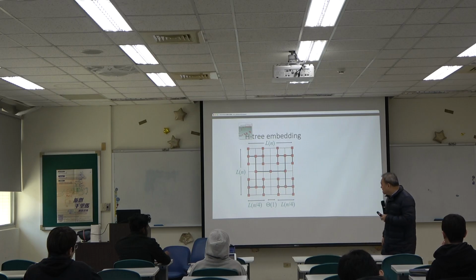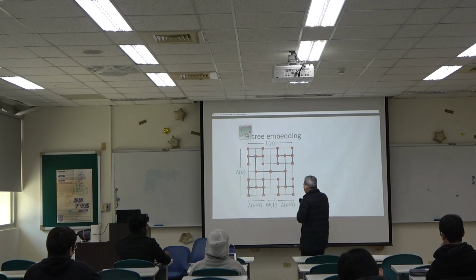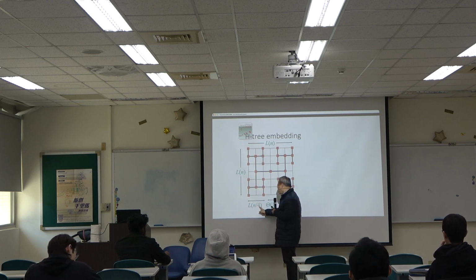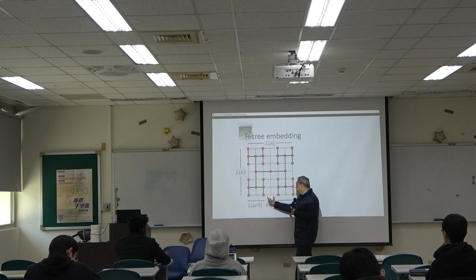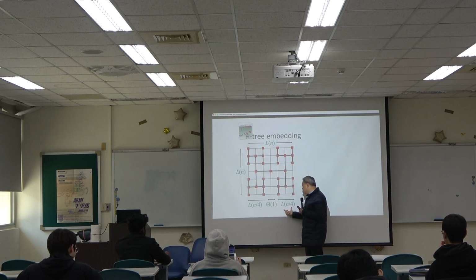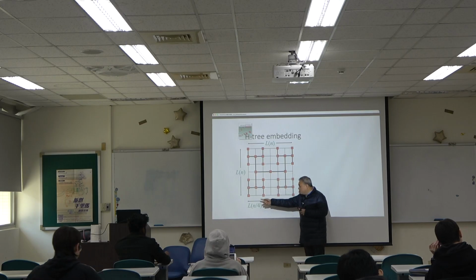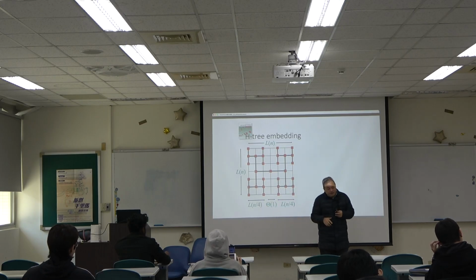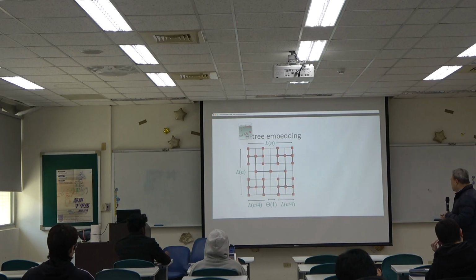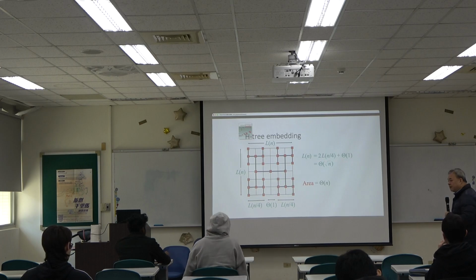So each of these has n/4 leaf nodes, and the size of this is L(n/4). And we need to pay an additional constant cost here, so this is another L(n/4). The other side is similar. So with this in mind, your L(n) is going to be this one, right?